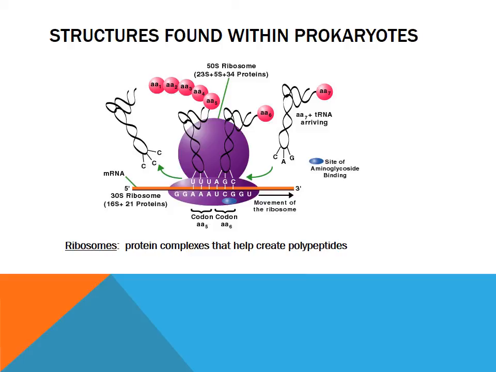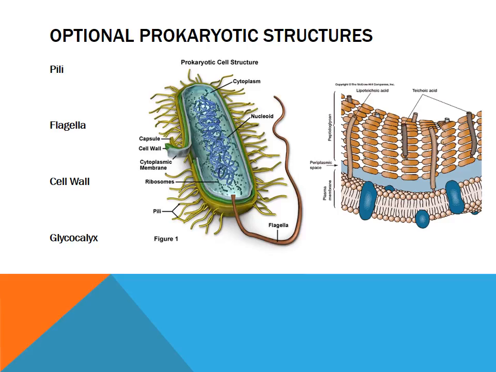After you have a single long strand of amino acids? They interact with themselves, form secondary structures, and the secondary structures interact to form tertiary structures, and the tertiary structures interact to form quaternary structures. So all prokaryotes have ribosomes, a plasma membrane, and a nucleoid region.